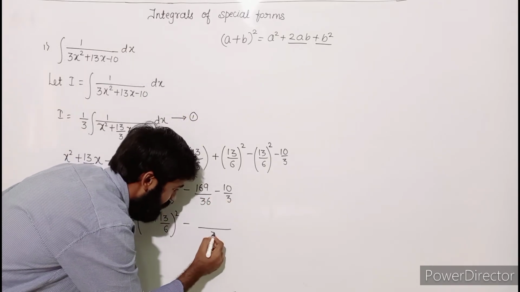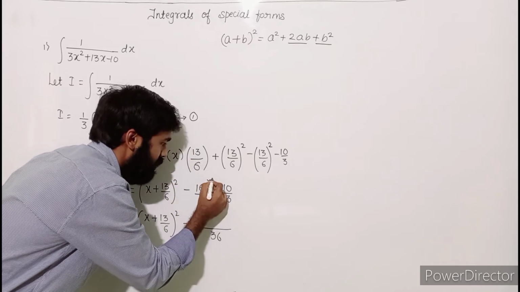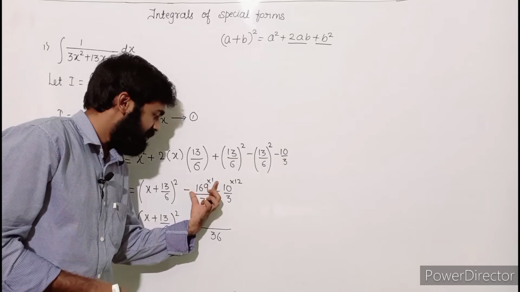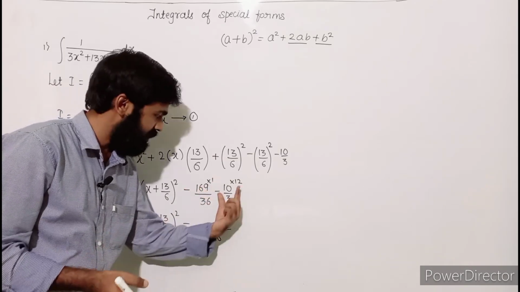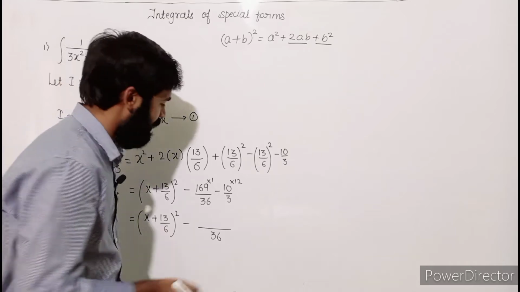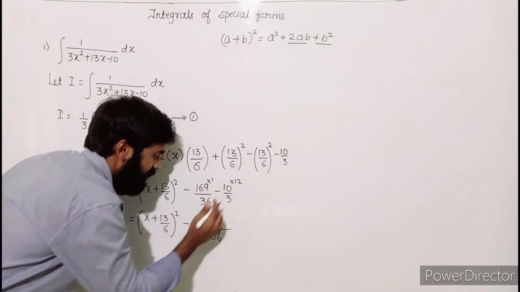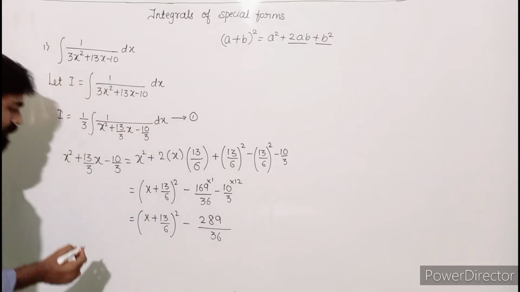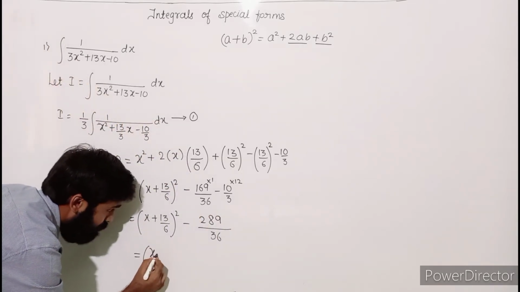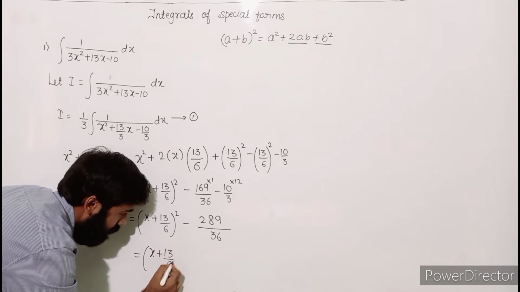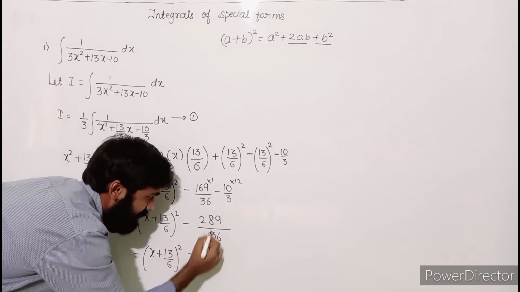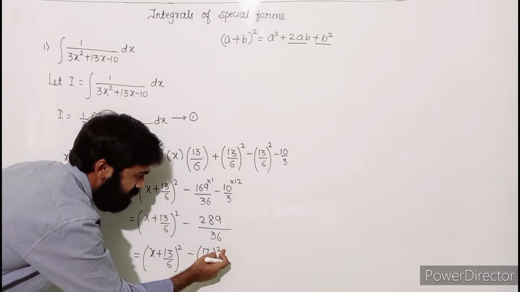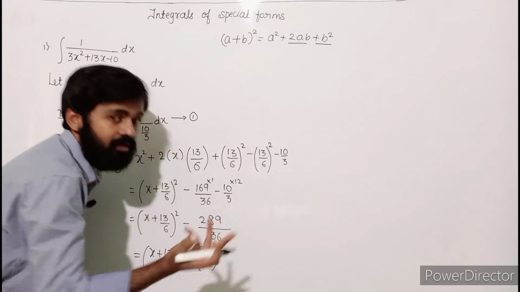The LCM of 36 and 3 is 36 only. 36 ones are 36, 3 12s are 36. Now see here, minus 169 into 1 is 169, 10 into 12 is 120, minus 169 minus 120, that is minus 289. Now we can write x plus 13 by 6 whole square minus 17 by 6 whole square, because 17 square is 289 and 6 square is 36.